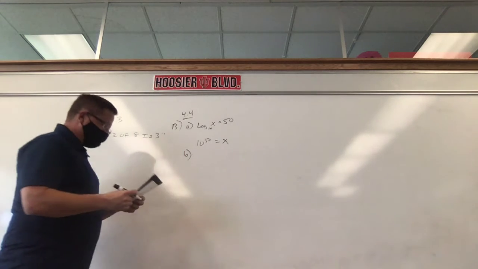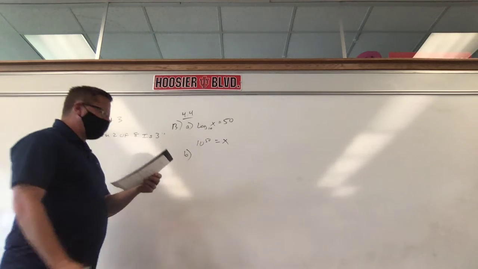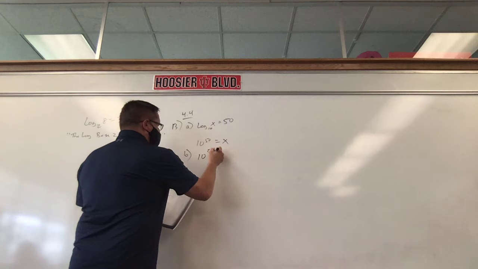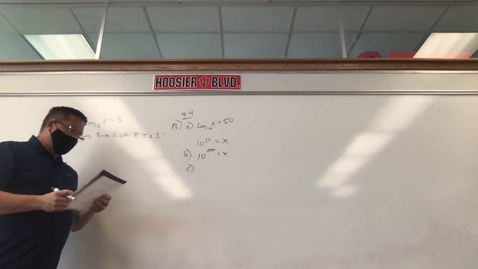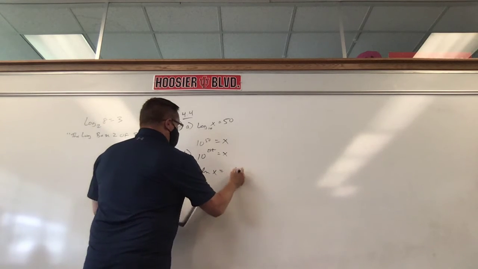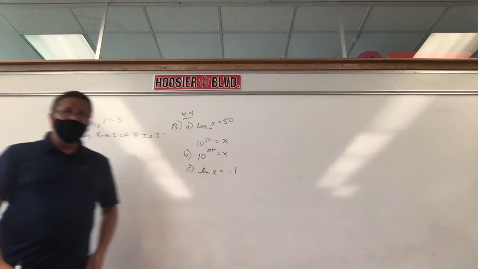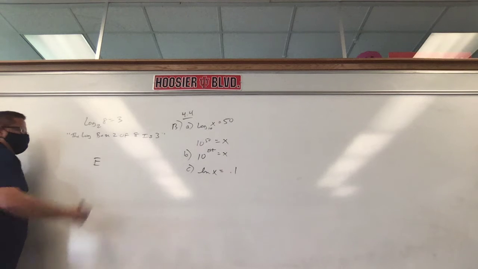Part B. They don't want you to do that anyhow. They just want you to rewrite it. So on part B, our base is 10. 10 to the 20th equals x. Now, ln x, that's natural log of x, is 0.1. Natural log, you guys remember from Friday? It's not base 10, it's base e. And how do we write e? Lowercase e.